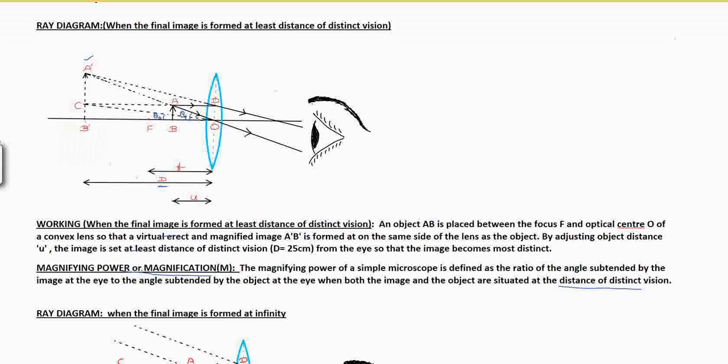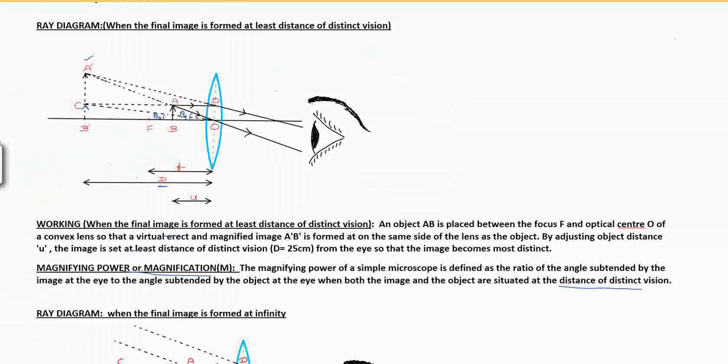A dash B dash is the image which is already at the distance of distinct vision, but the object AB is here. So now taking this object here to find the magnification only. This B dash C is the virtual position of the object.